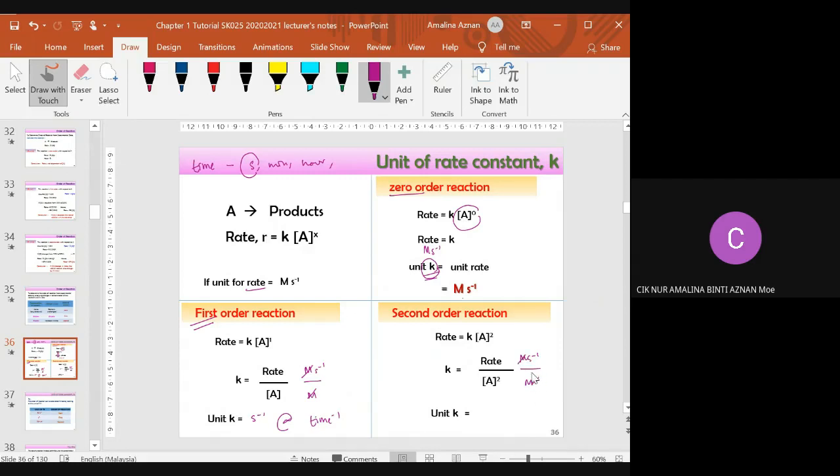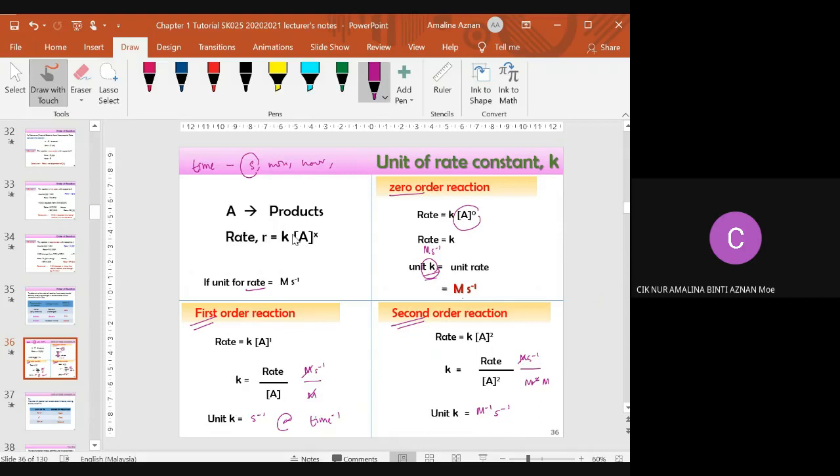Cancel. So ini akan tinggal molar. So kamu akan dapat per molar per second. So kalau unit ni, maksudnya dia adalah second order. So ini penting untuk kamu tahu, so that you can cross check unit untuk rate constant kamu tu betul ke tidak. Sometimes kamu dah kira dia punya order and then kena cari rate constant.